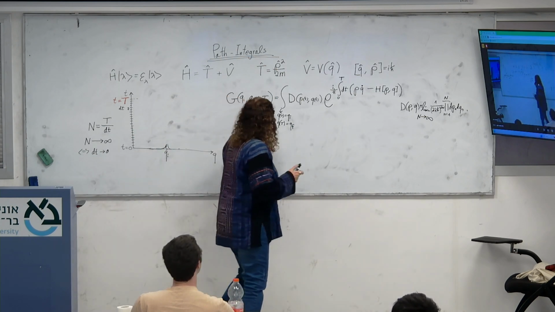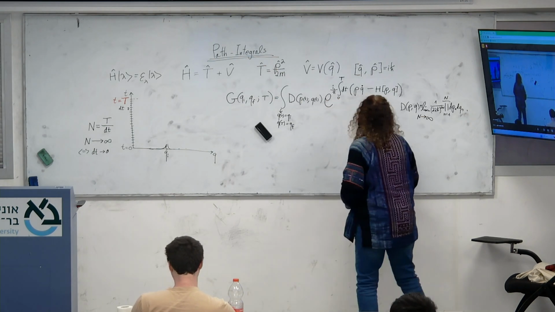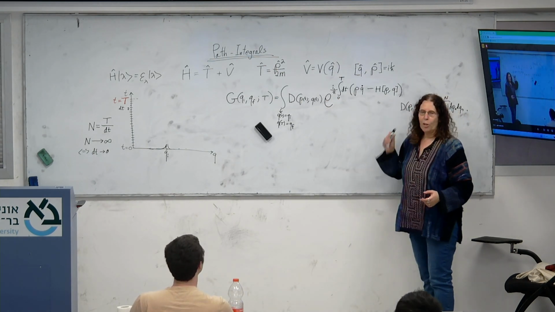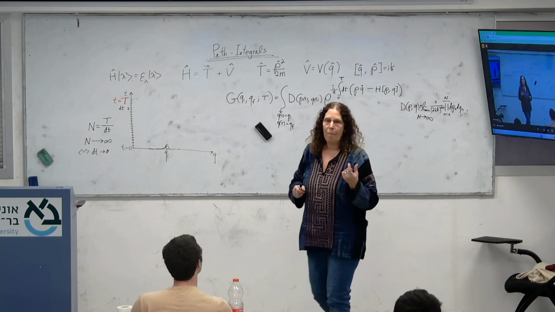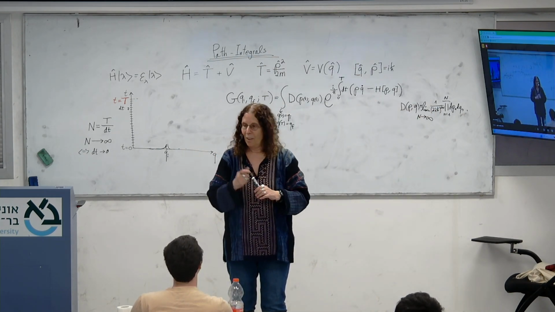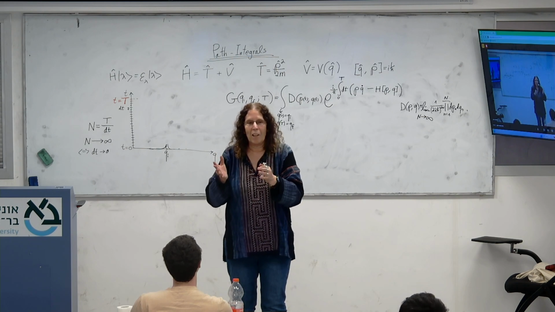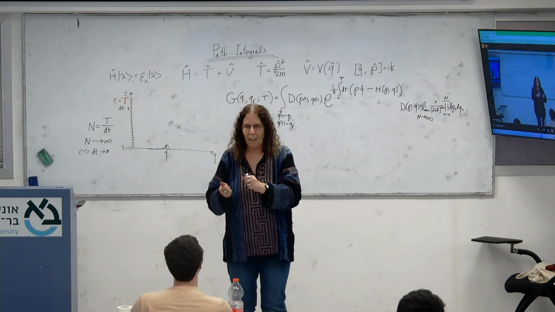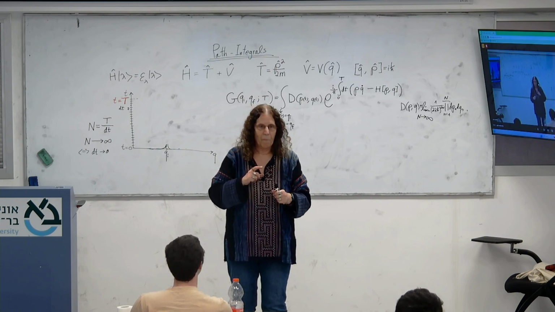So now we miss one step: in order to be able to replace this object by a Lagrangian, as you remember from the initial lectures of this course, the Lagrangian depends not on coordinate and momentum, but on coordinate and its time derivative.